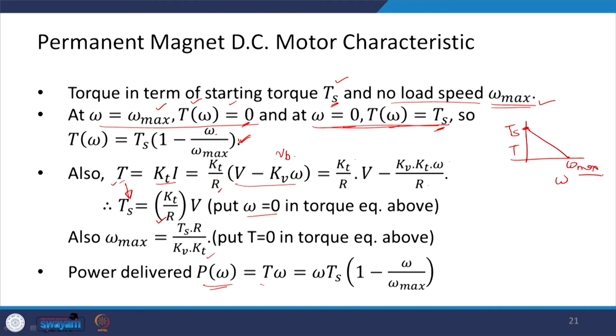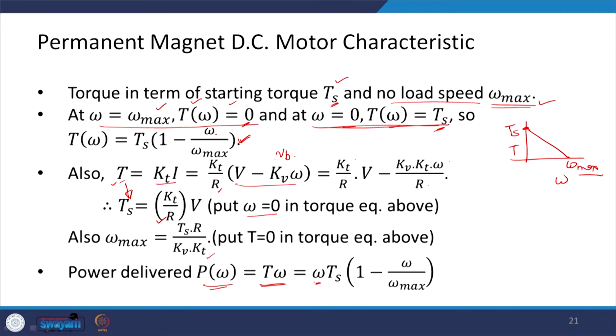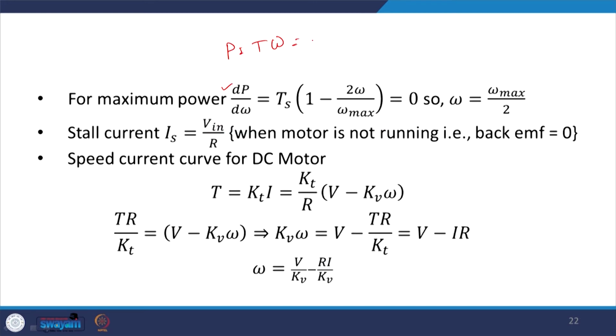That power is T into omega, and T I am writing as Ts (1 - omega/omega max) times omega. For maximum power I can differentiate this expression with respect to omega. My expression was P equal to T into omega, the previous one, so this is omega Ts (1 - omega/omega max).